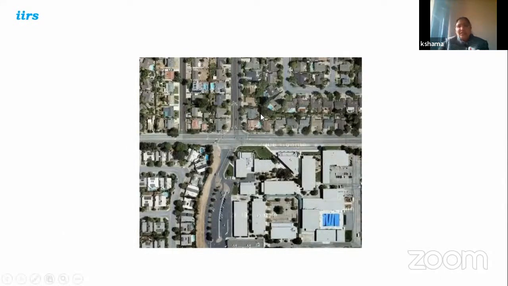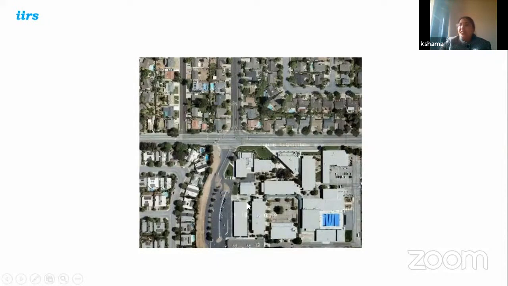So here, this is example one. Here you can see that these are residential buildings because they are smaller in size compared to these buildings. These buildings are very large, and they are institutional buildings. Why so? Because the parking here is indicative of that.